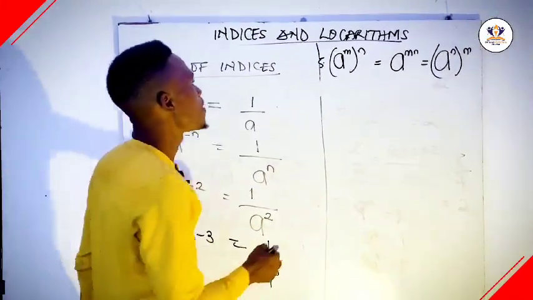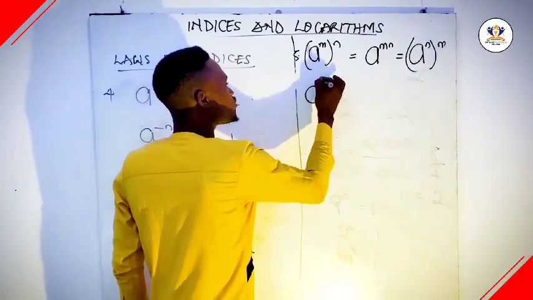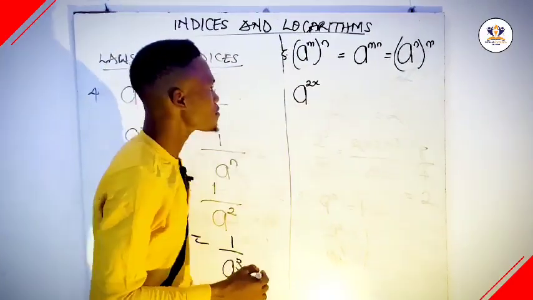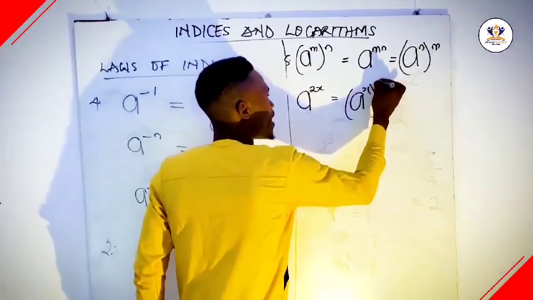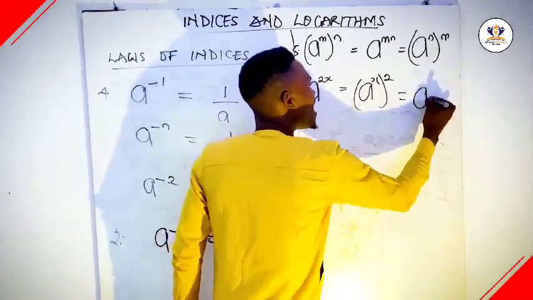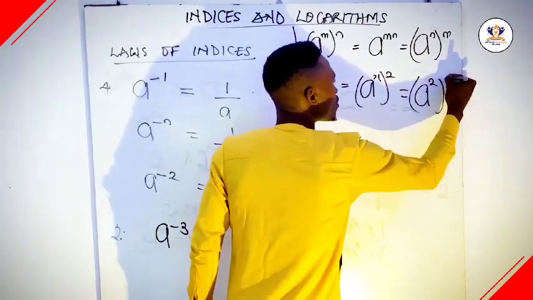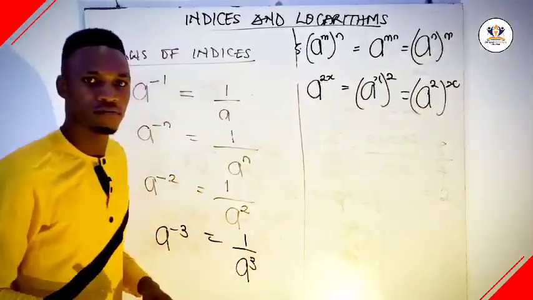But here from now, peradventure we have something like a raised to the power 2x. I can rewrite this one as a raised to the power x all squared, or I write it as a raised to the power 2 all raised to the power x. That's it.